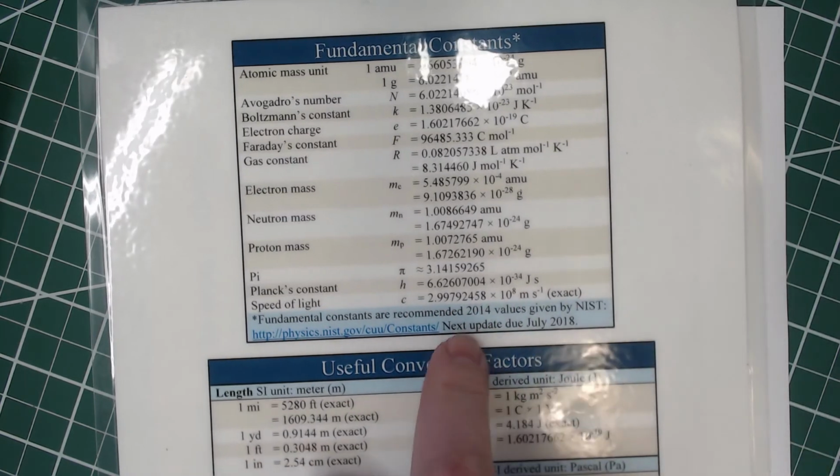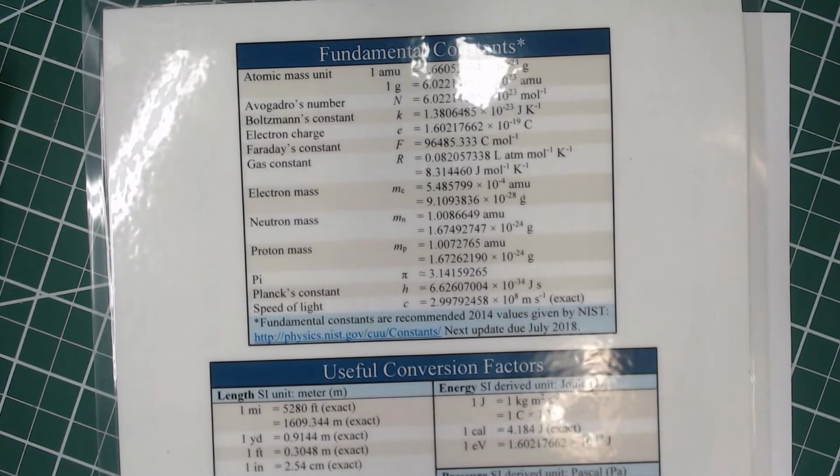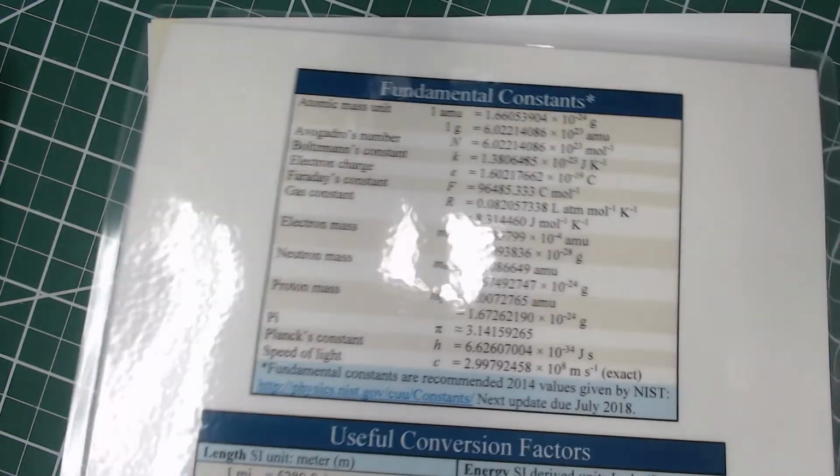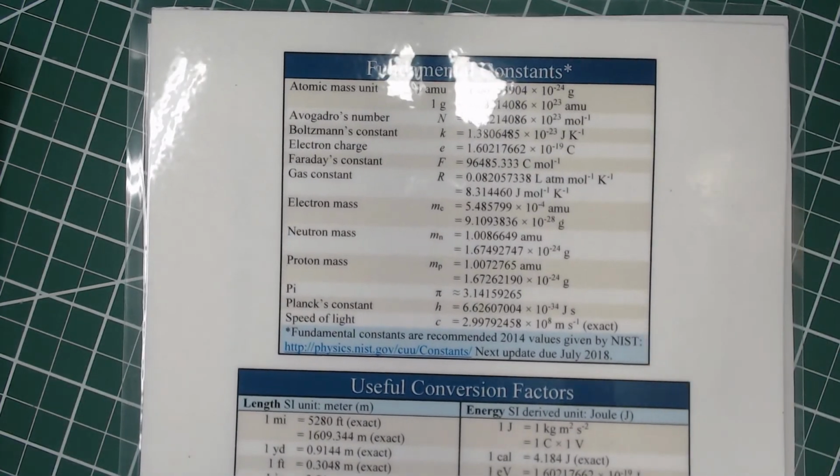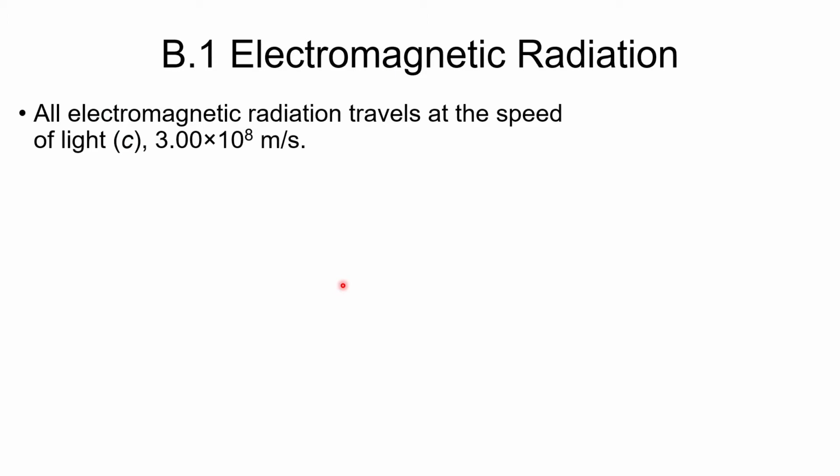For most calculations, we can round that to 3.00, just depending on how accurate we need the measurements. This will do for most things.